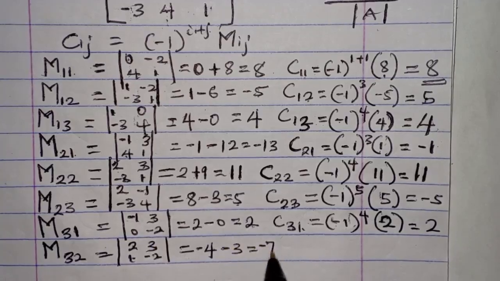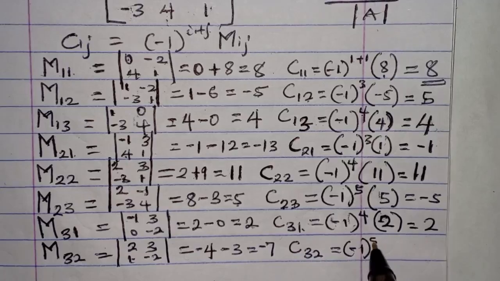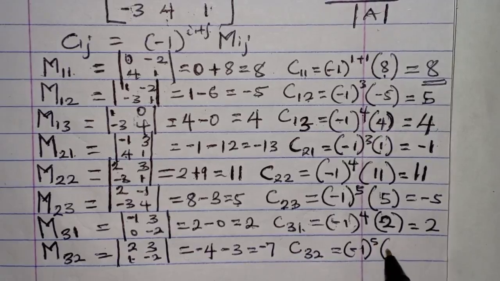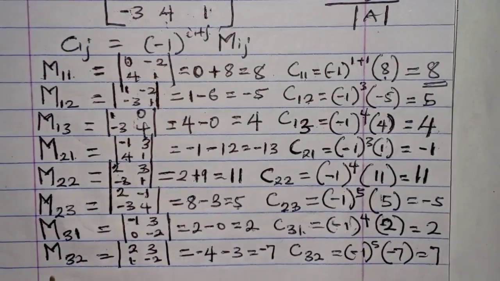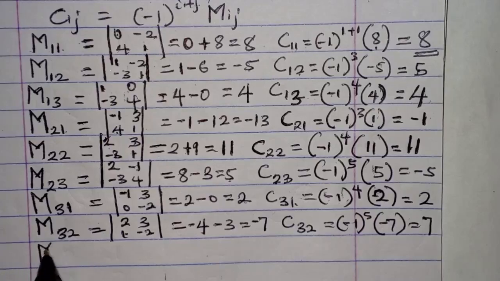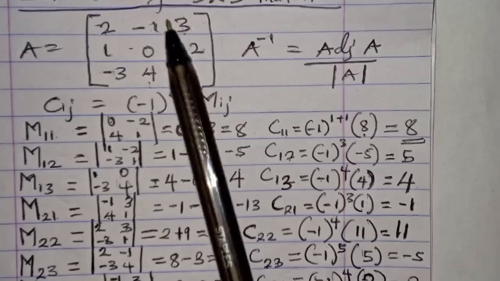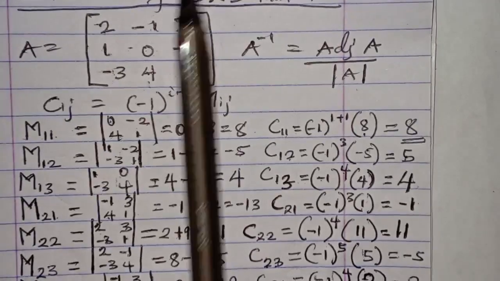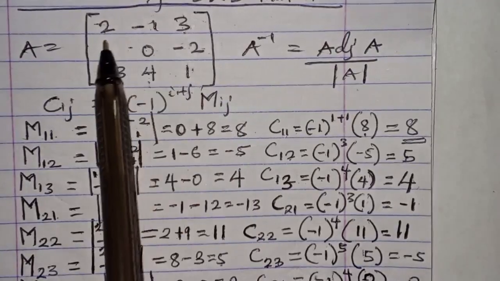That will give us minus 7. And the corresponding cofactor is negative 1 to the fifth times minus 7, and that will give us positive 7. And lastly, the minor of the last element in the matrix, M33, is this. If we close up the last column and the last row, we'll be having 2, minus 1, 1, 0.